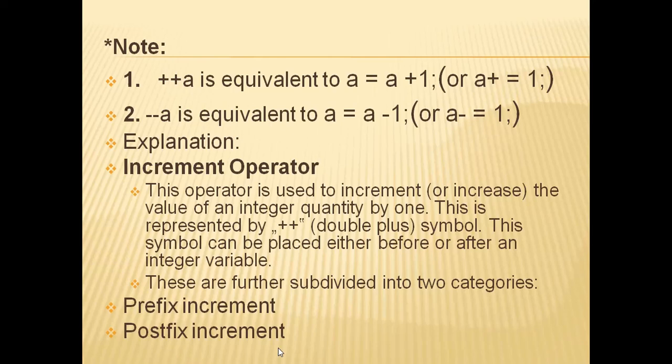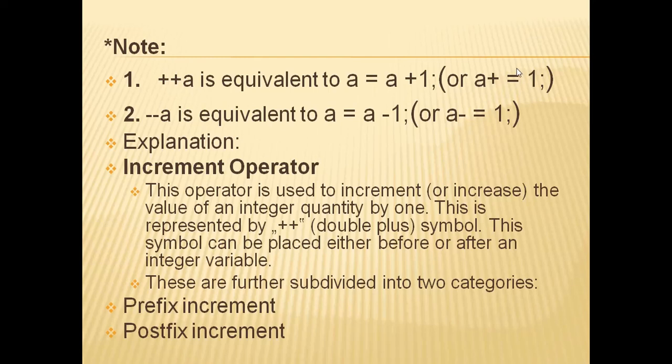So here plus plus a is the same as a is equal to a plus 1. The meaning of this is we are incrementing a by 1, or this can also be written as a plus equal to 1.